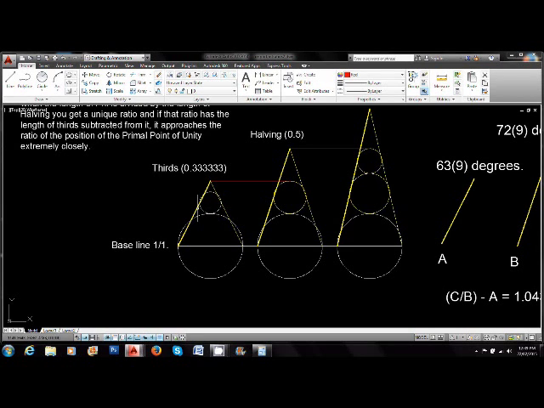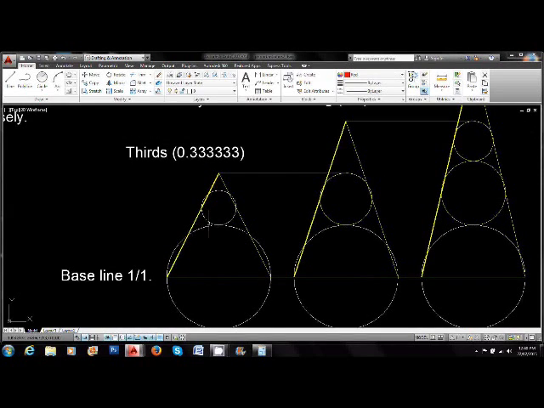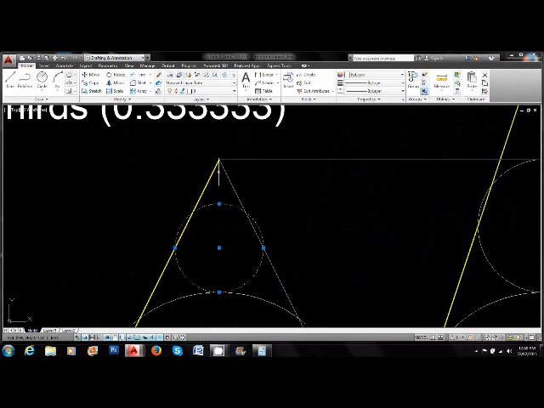So what I did here is, started with a baseline of 1 to 1, reduced by thirds, and just put the new circle touching the original circle, and I could do that on and on and on and on.